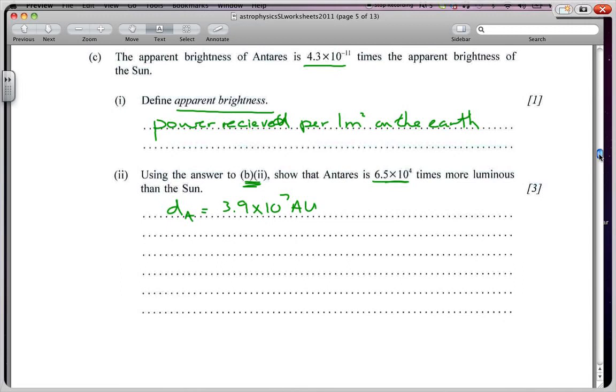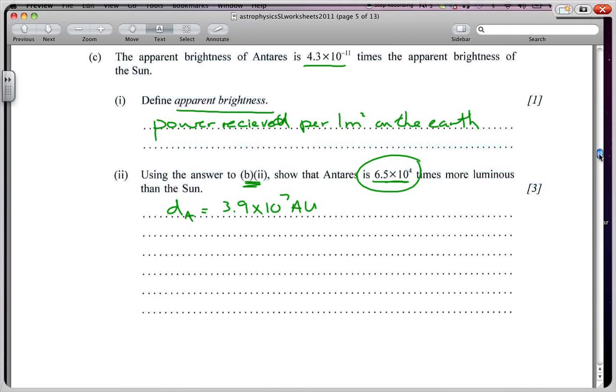And we are also told that Antares is that many times more luminous than the Sun. That's what we want to show, that luminosity. So we're going to do some ratios here.